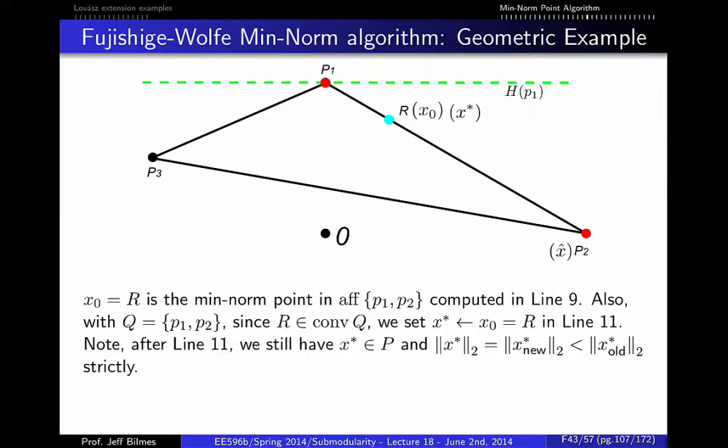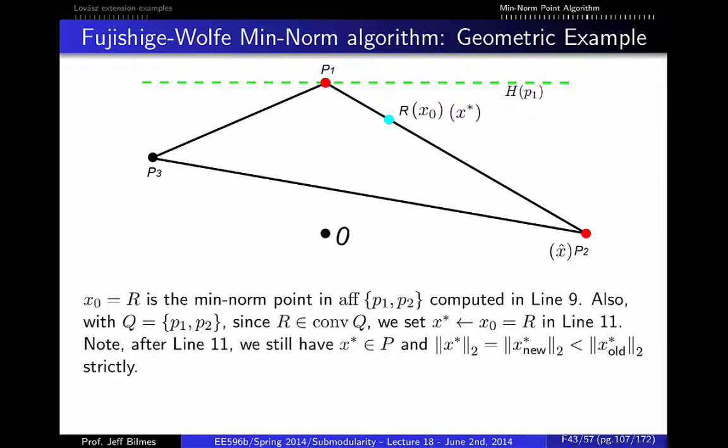All right, so now Q is equal to P1, P2. And R happens to be in the convex hull of Q. So in other words, the test in line 10 is true. So then in line 11, we do the assignment.